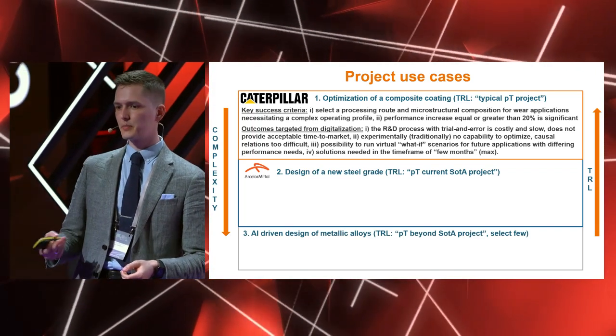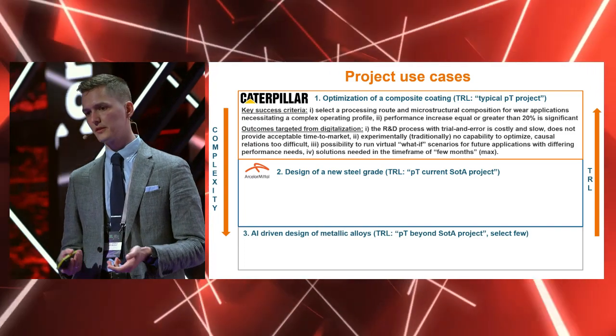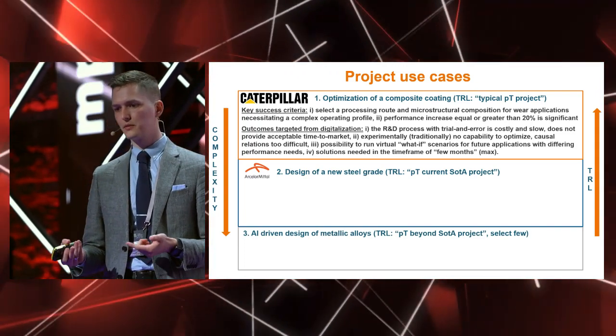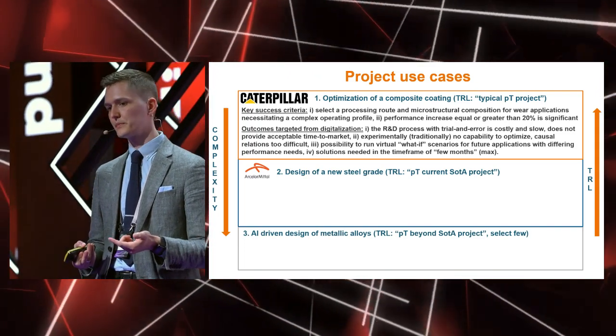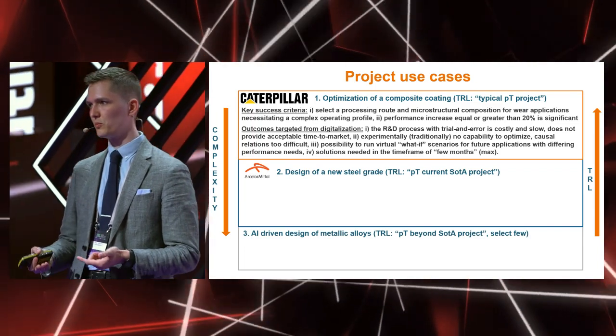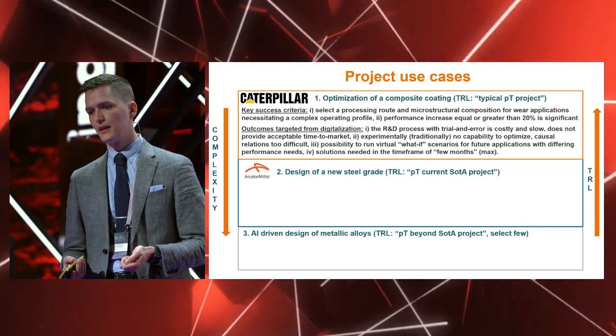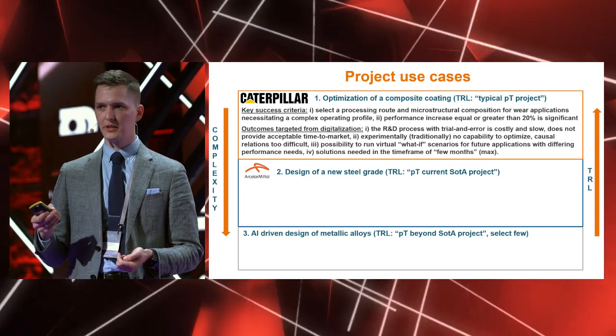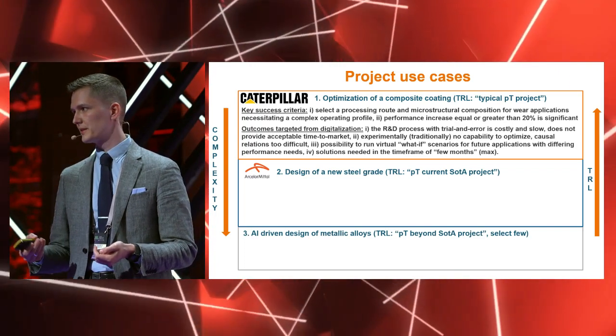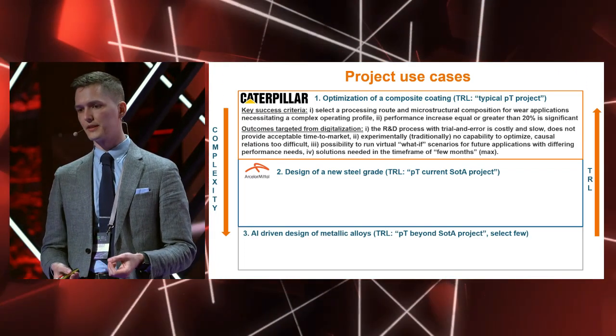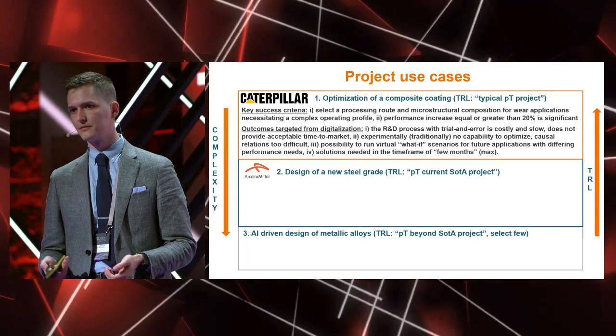The problem is that R&D process with trial and error is costly and slow. And also we need to optimize and see the causal what-if scenarios. Plus, we need to deliver results fast. So this kind of a project would usually take a few months.